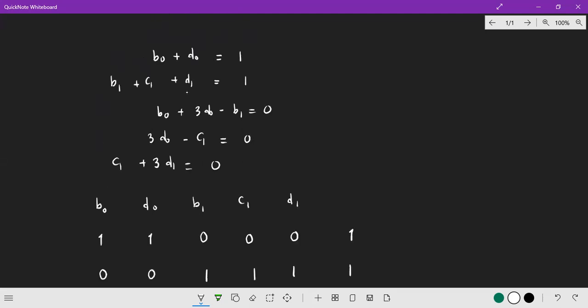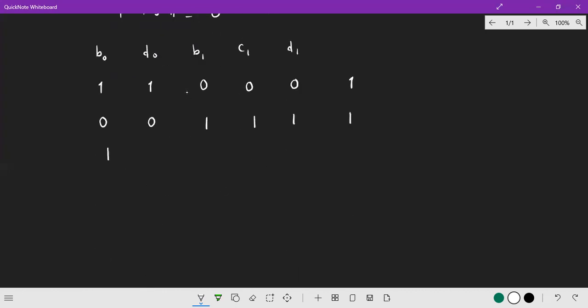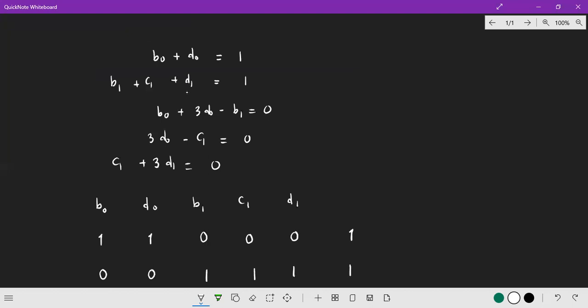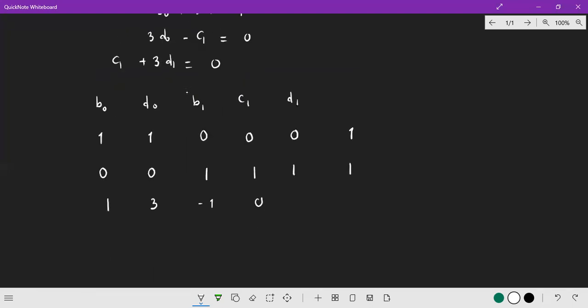And the next equation, we have b naught, which is 1, d naught, which is 3, and b1 is negative 1. And then c1 is not there, d1 is not there, and everything is equal to 0.